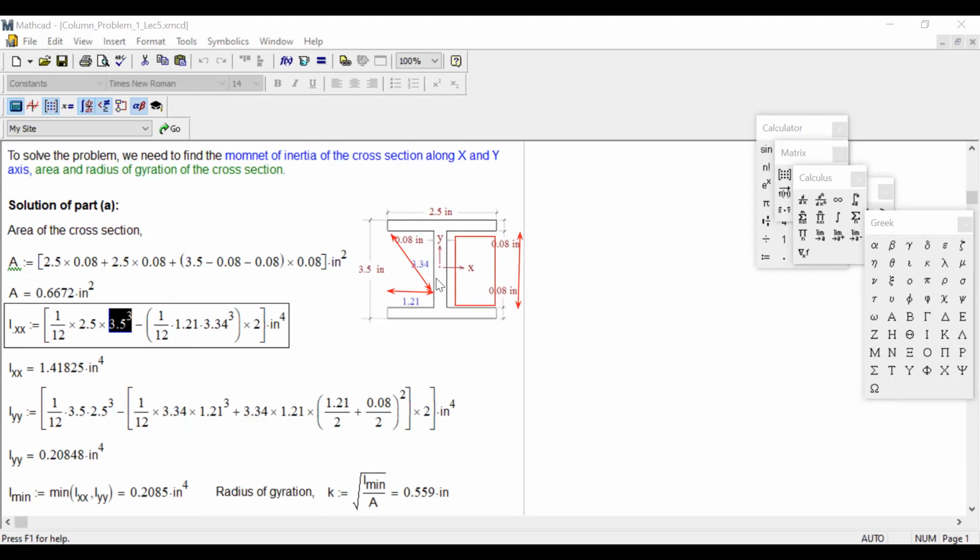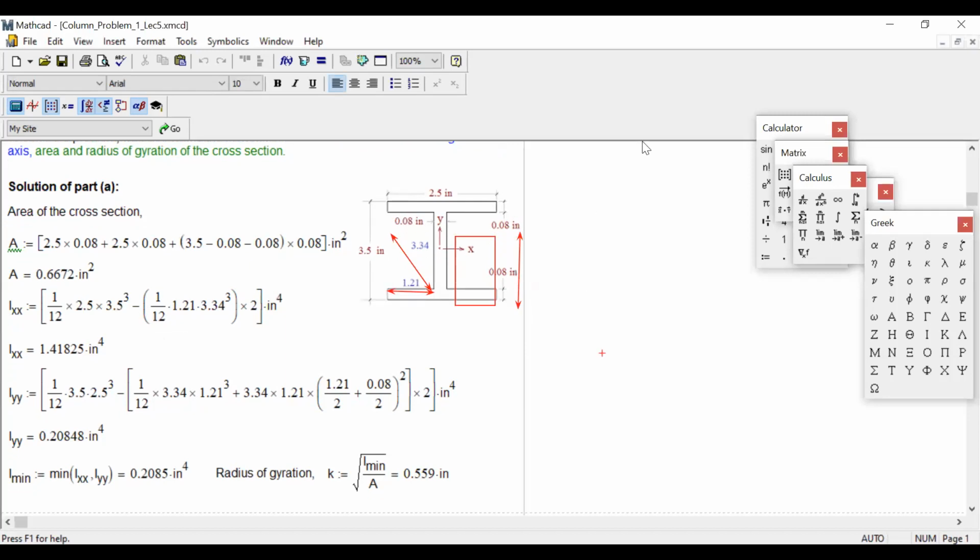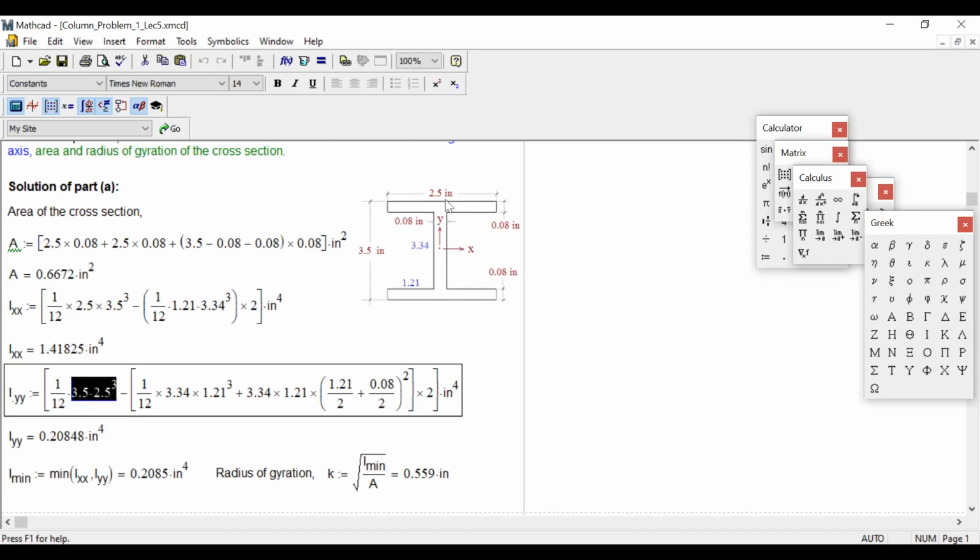Now you need to figure out Iyy. So how will you get the Iyy? 1 by 12, similarly for Iyy, I take the bigger one. So 1 by 12 BH cube, instead B will be 3.5 and H will be 2.5. Then I have to subtract which one? I have to subtract this area right over here.